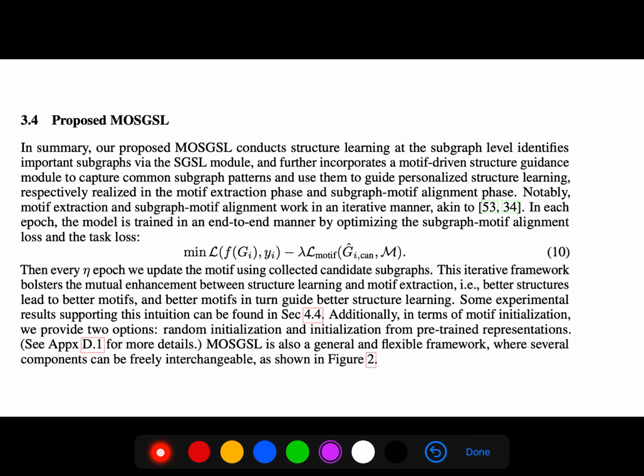Then every eta epochs we update the motifs using collected candidate subgraphs.